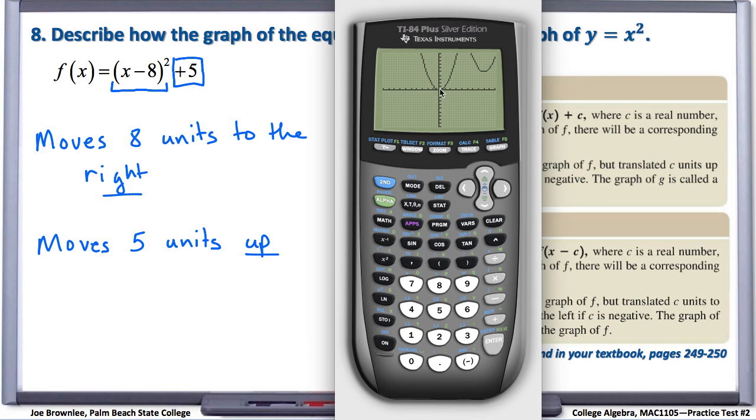So from y equals x squared, where the vertex was at (0, 0), it moved 8 units to the right, and then it moves 5 units up. And in fact, that's exactly what happened. So again, it's nice to visually confirm what we said is happening to the function of number 8.